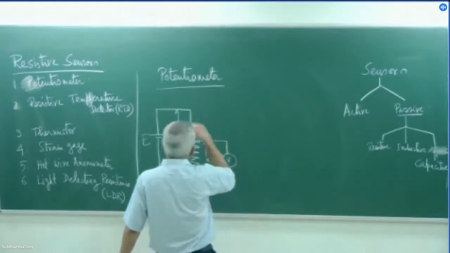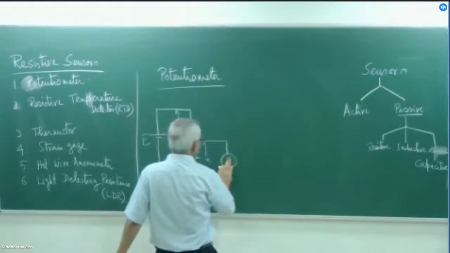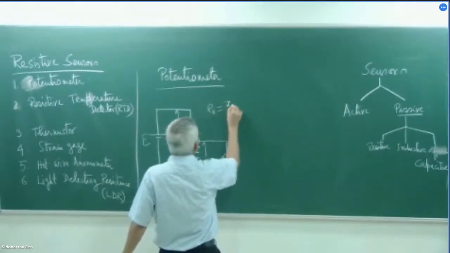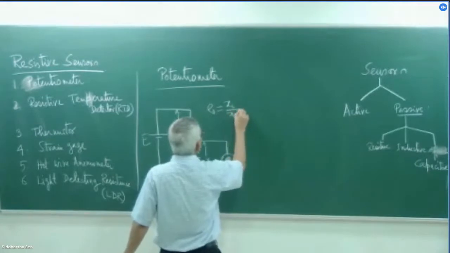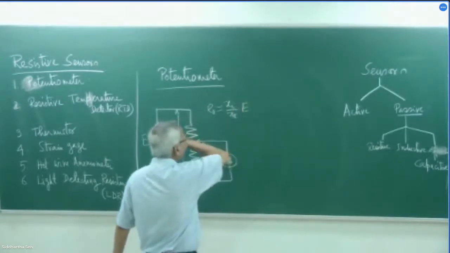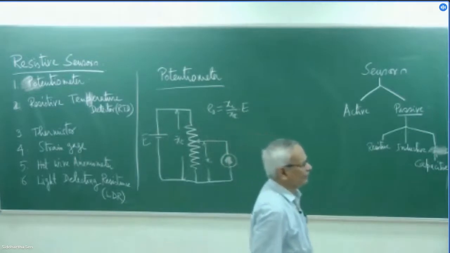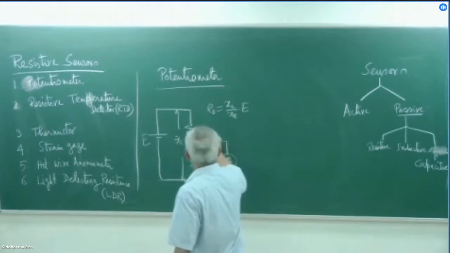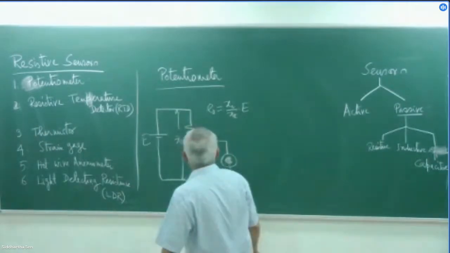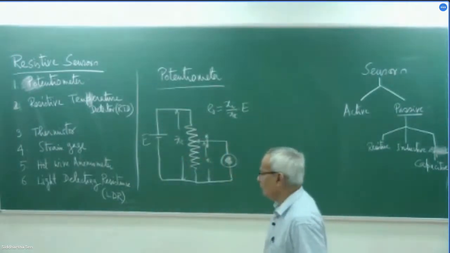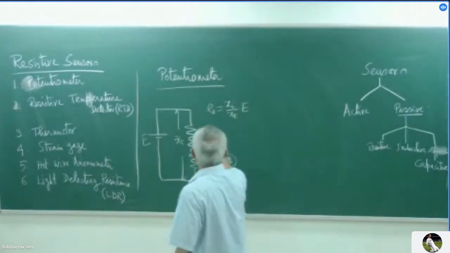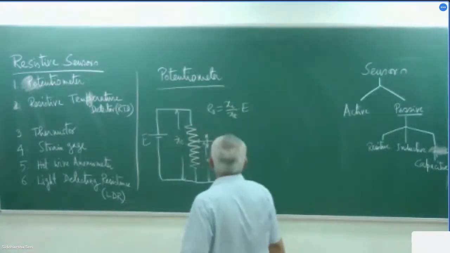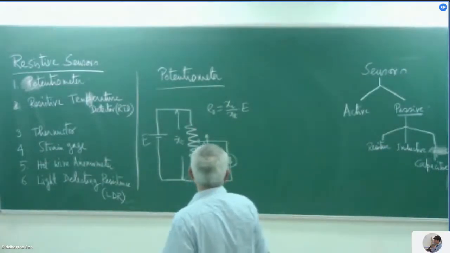This is your output, I will call it E0. E0 is equal to xi divided by xt into capital E. If it is a linear potentiometer, with the displacement, the movement of the potentiometer wiper, the voltage output will be linearly dependent on it.